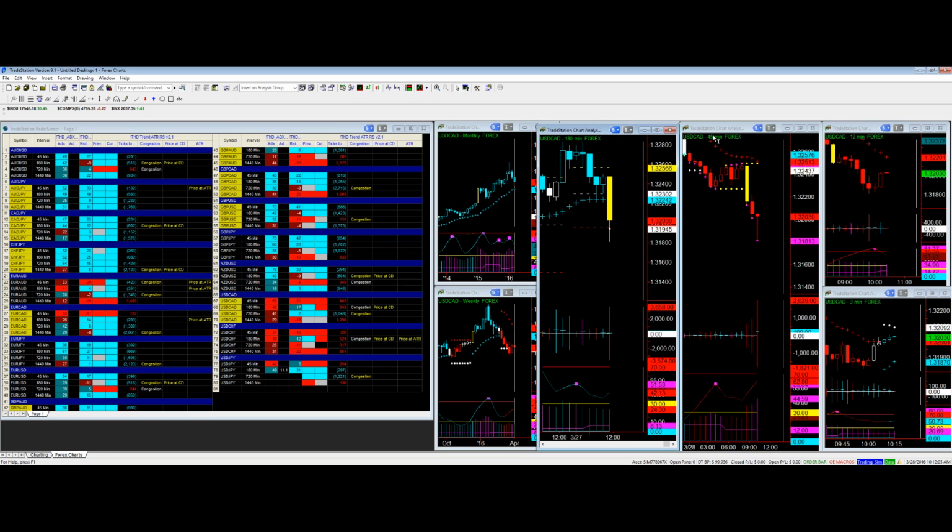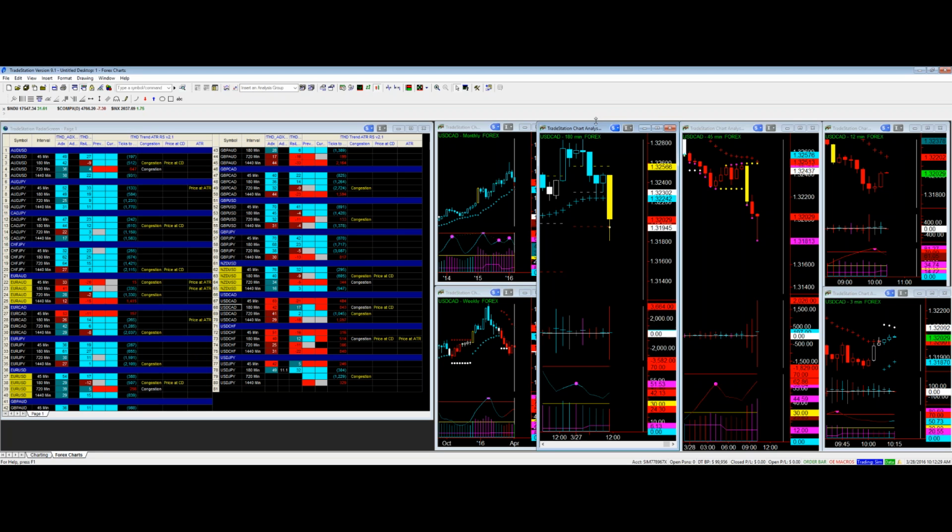Really getting a better picture of it on the 45 minute. On this one, you could actually let it come down, test this ATR, and then go long. And it should be happening within the next half an hour probably, because you're going to get a magenta peak here. It's going to come back to this ATR. It will test it on the diverging selling volume. So that's the one I would want to look at.